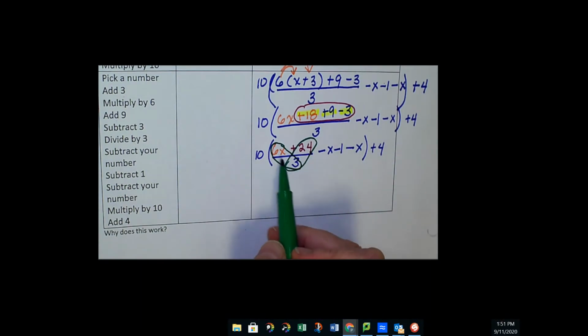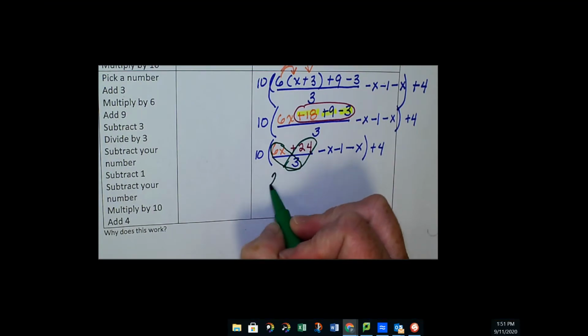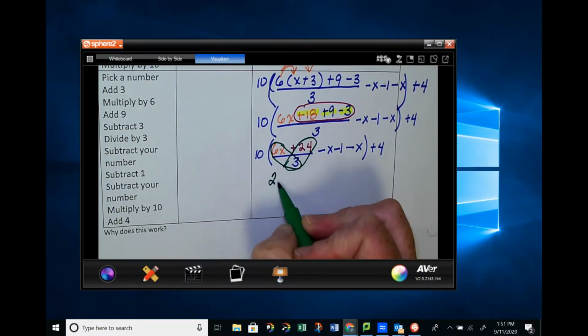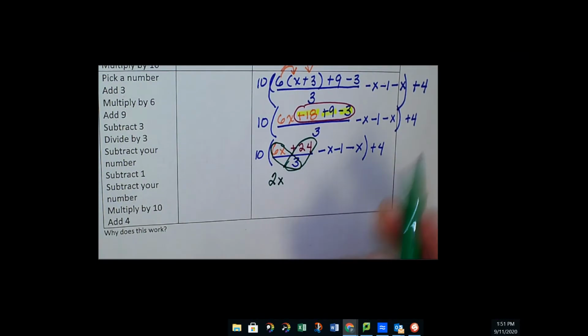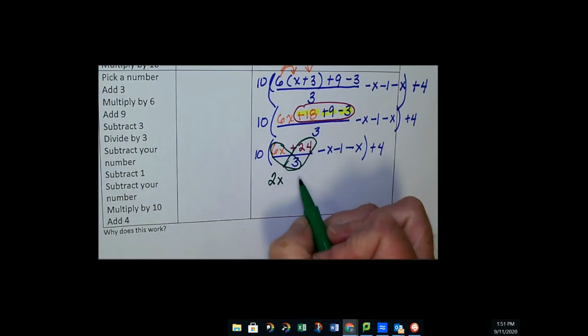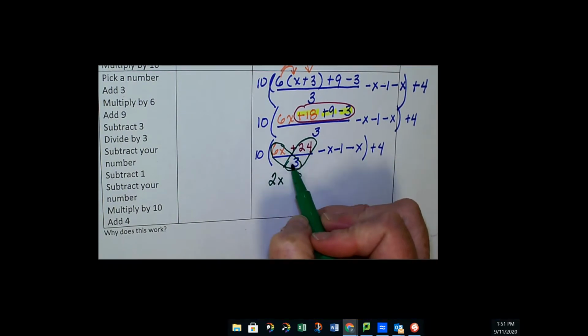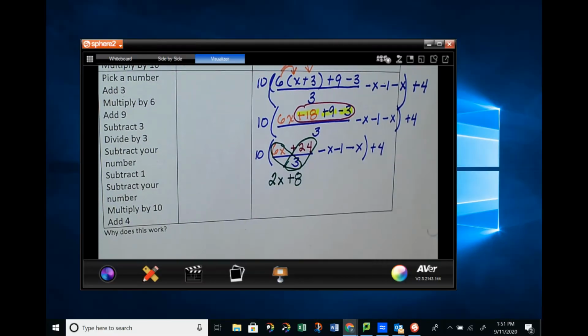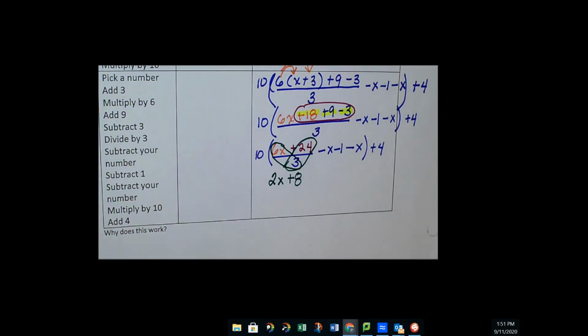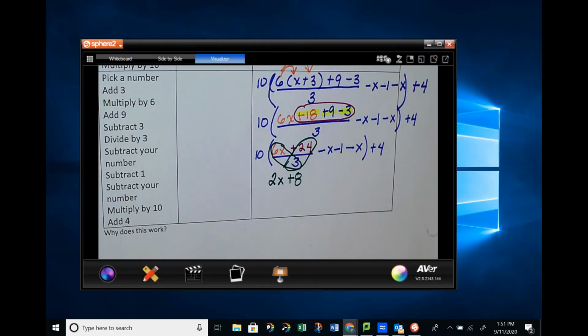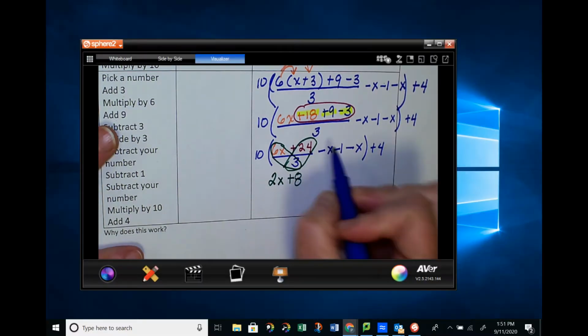So what happens is we have to divide. 6 divided by 3 is 2. And x divided by 3 is just x. And then 24 divided by 3 is 8. A positive divided by a positive gives you positive 8. And so now that fraction is all gone, and you're like, phew, I'm so happy that fraction's gone, because none of us like fractions. I don't care who you are.